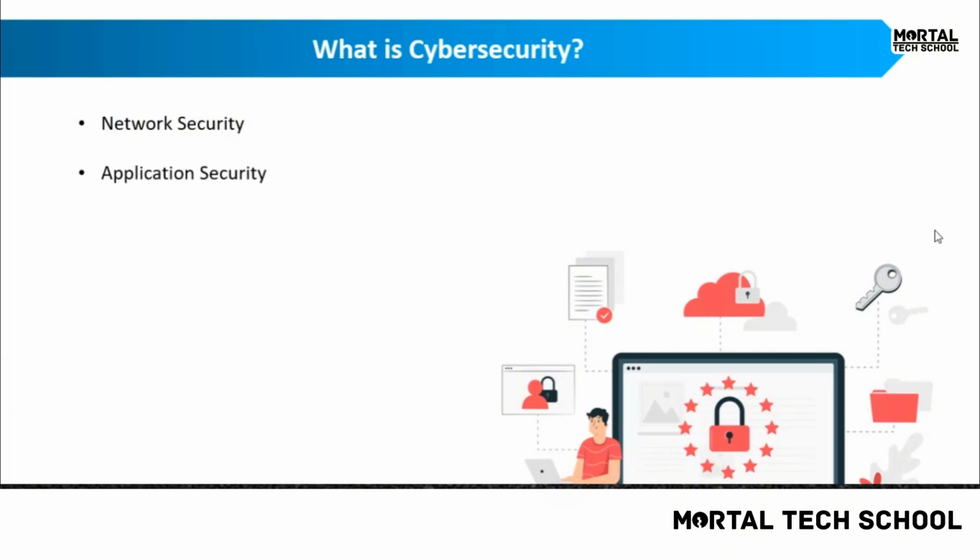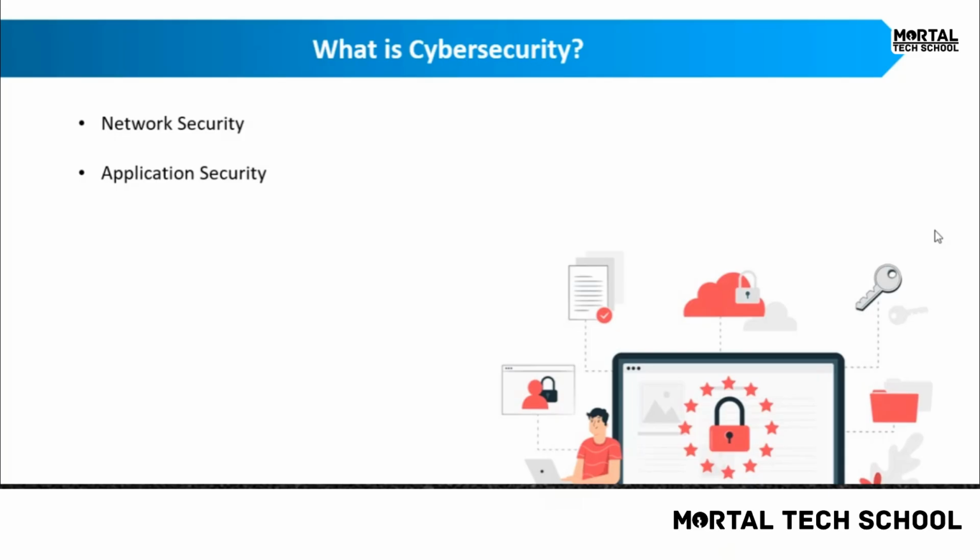So the domain which looks after the security of networks is known as network security. Next is application security. Now, many people, including us, use different applications. You use mobile applications, you use different apps, whether it is Mac, iOS or Android, whether it is a Windows application or a device. So every application also needs to be secured.